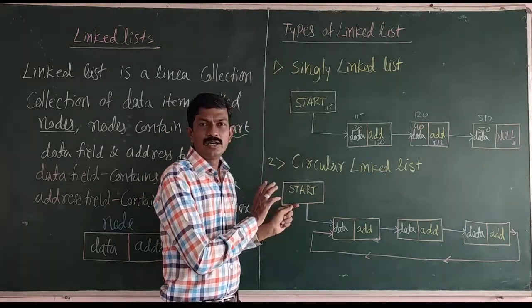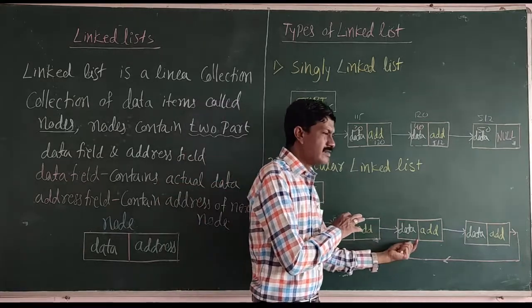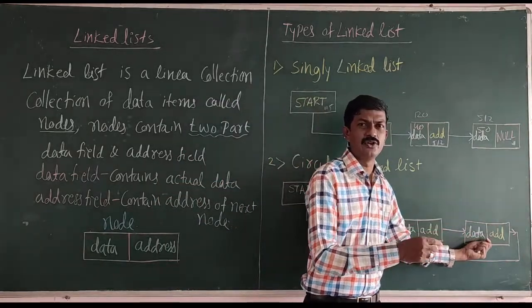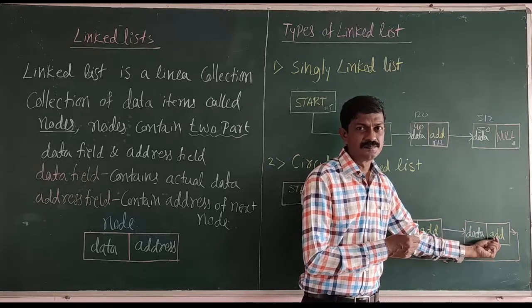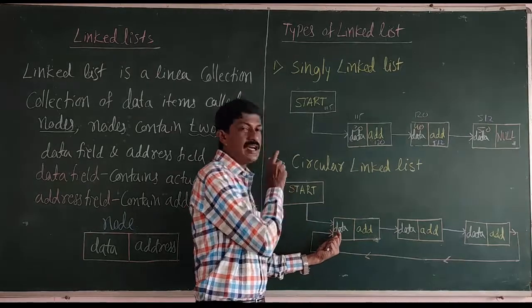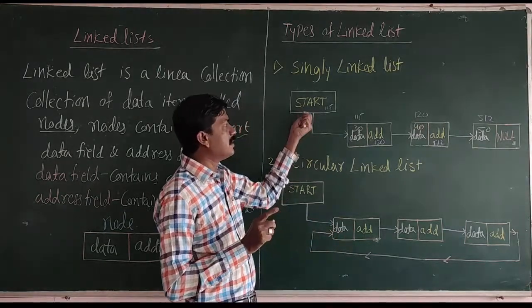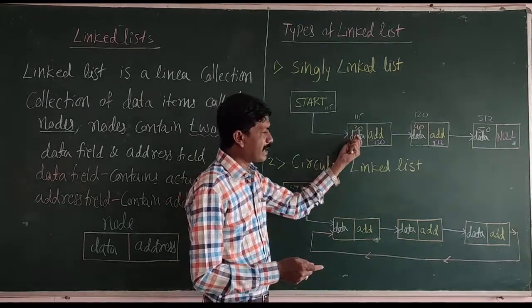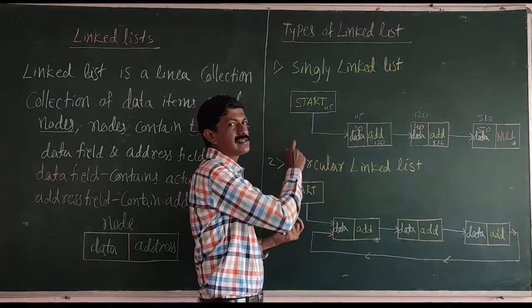But in a circular linked list, that is not the case. If you are in the middle of the linked list, you traverse up to the last node, and once you reach the last node, it once again starts with the first node. We don't need to start with the start pointer. In the single linked list, every time you want to trace or travel, we have to start with the start pointer.